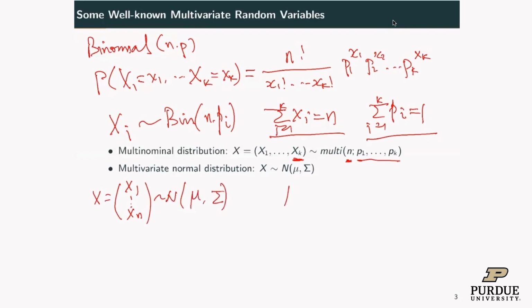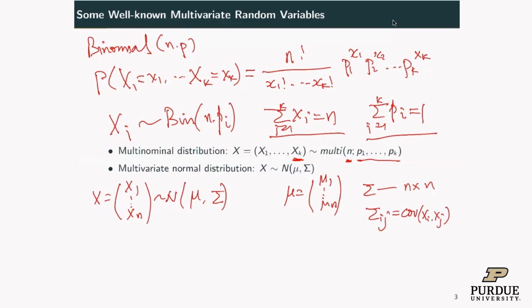The mean vector is mu1 to mu n. The covariance matrix is an n by n symmetric matrix. The ij-th element is the covariance between xi and xj. So it's called a covariance matrix.